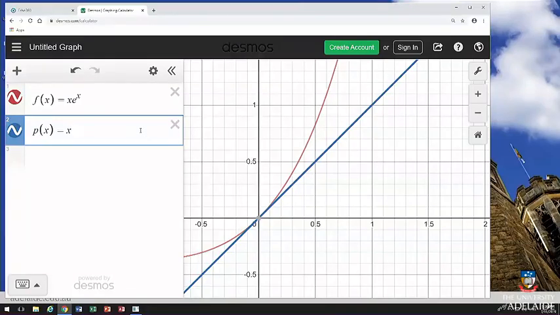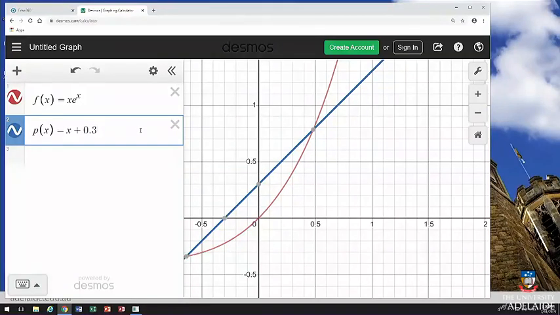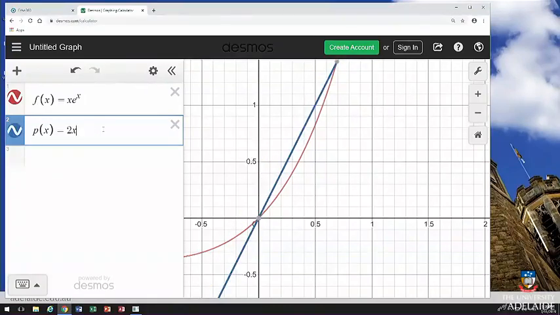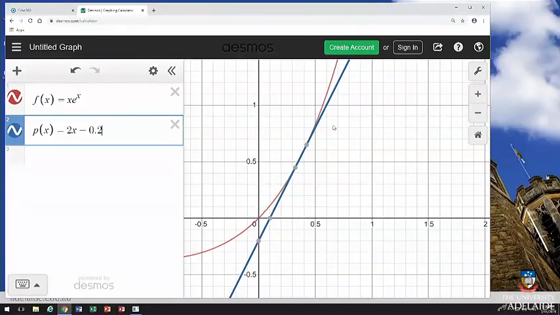So maybe I might need to go that one's pretty good, that one's much better. A different slope would probably be better than that. That one's pretty good. It's in a good spot. But I could guess for hours and never get a good one.